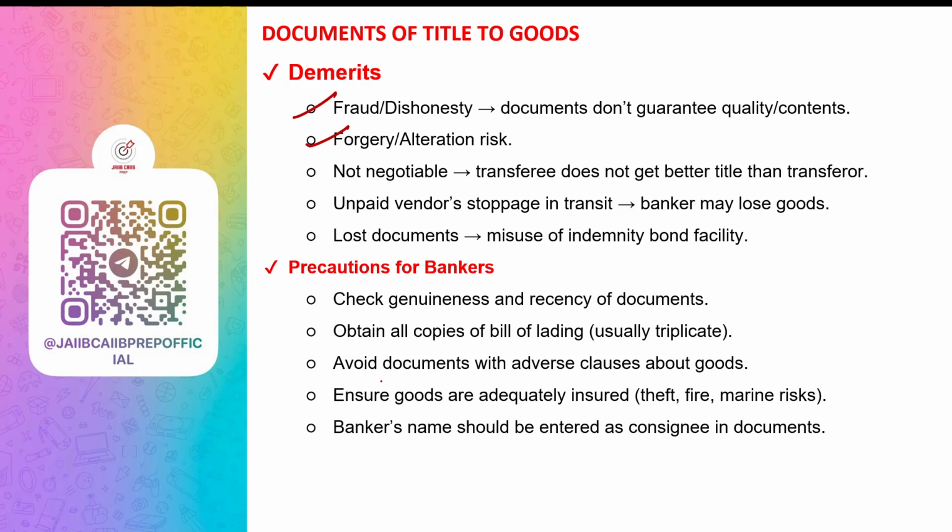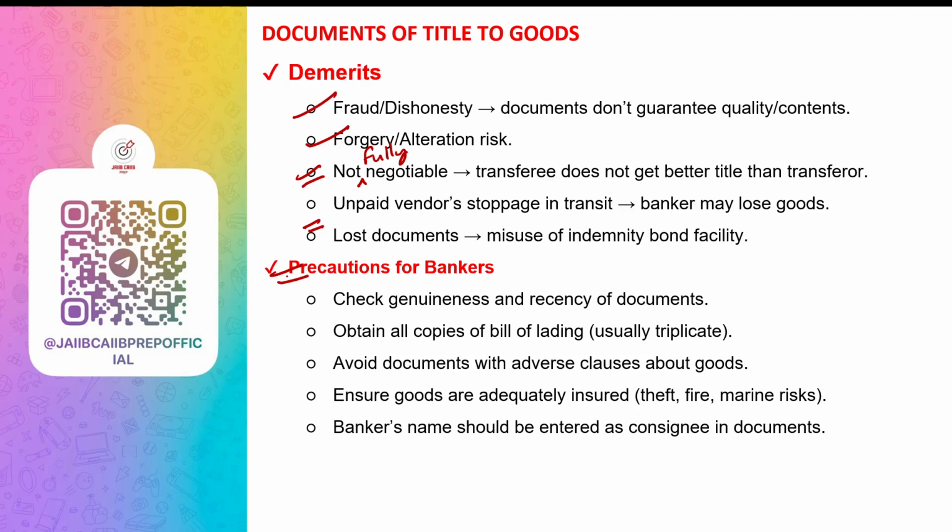Defect in transfer title passes on to the transferee, so not fully negotiable. Unpaid vendor's right of stoppage, so seller can stop goods in transit if unpaid, which reduces banker's security. Lost documents, so borrower may misuse indemnity bond to claim goods fraudulently.